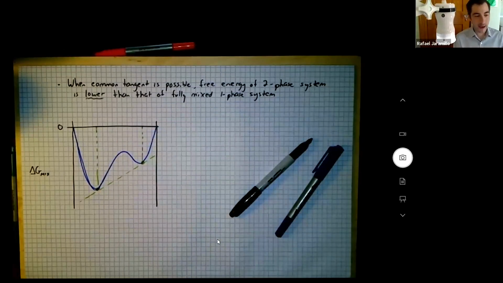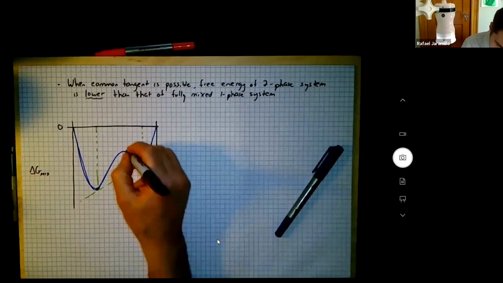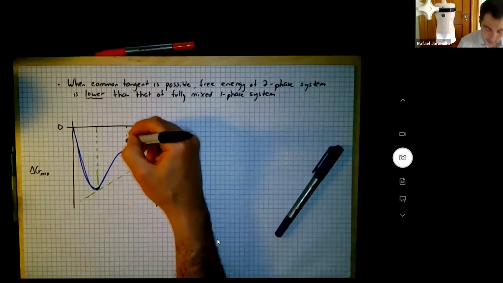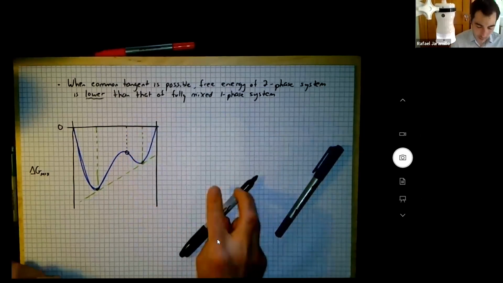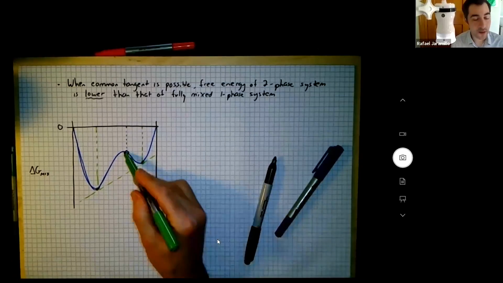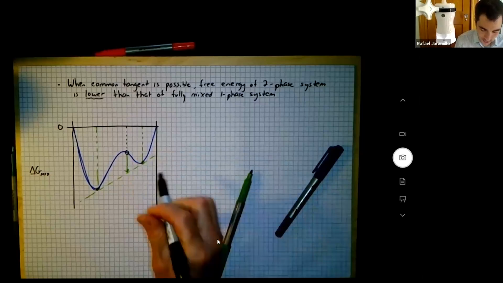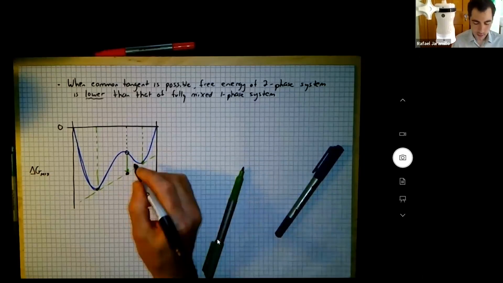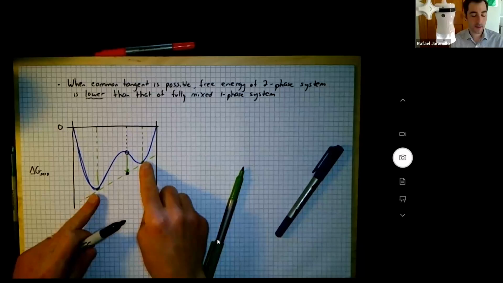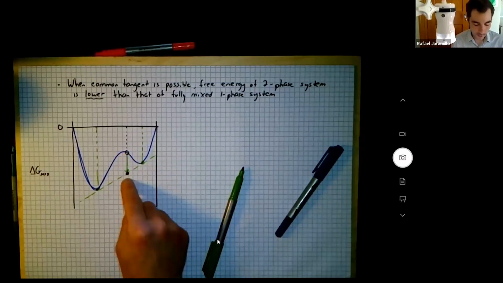And let's imagine an overall system composition there. It can be shown that relative to a fully mixed system, the free energy can be decreased by exactly this amount by splitting into two different phases. So spontaneous unmixing lowers the free energy by exactly the amount that I drew here on the plot.